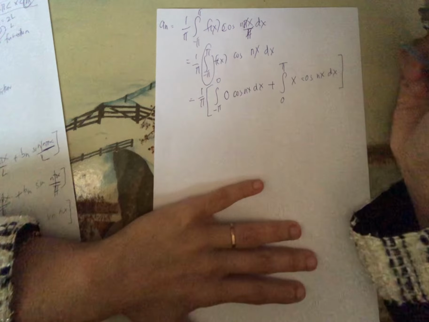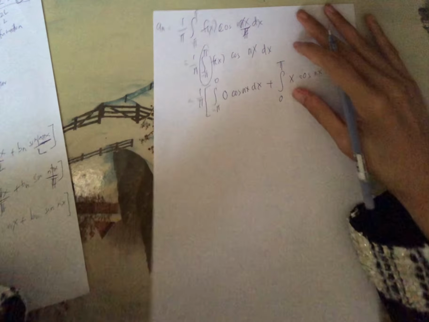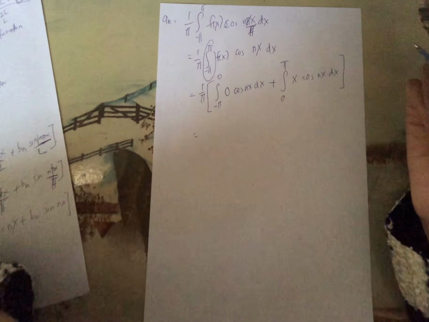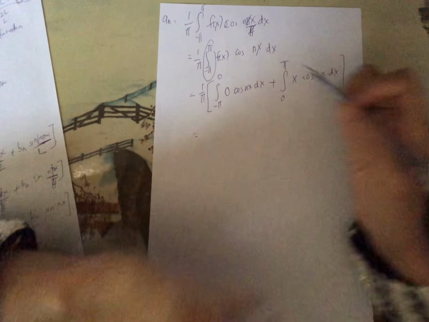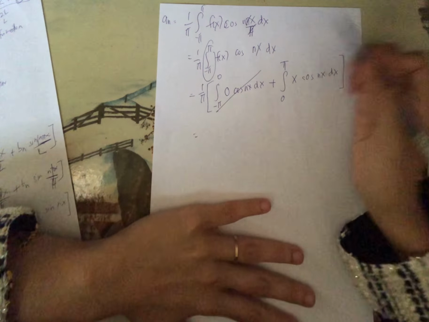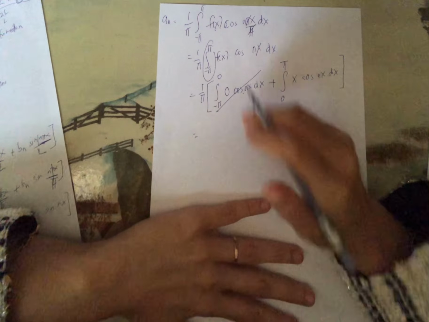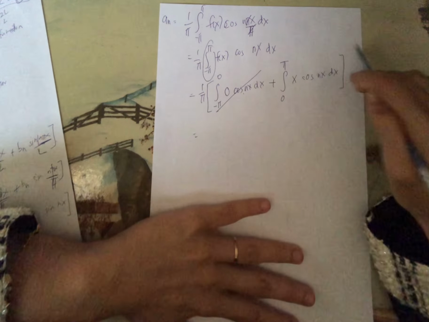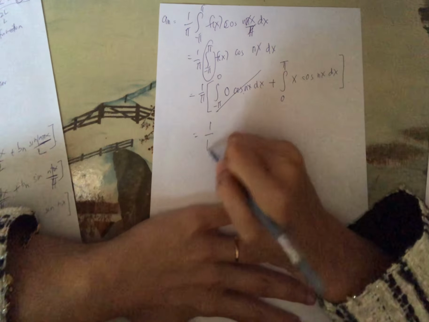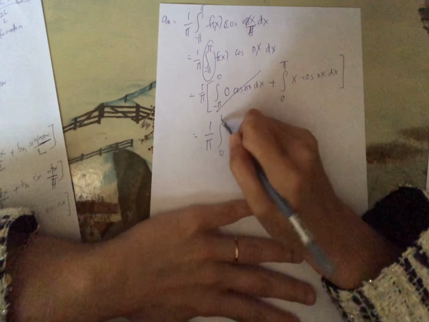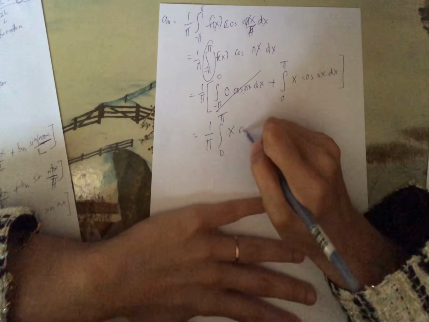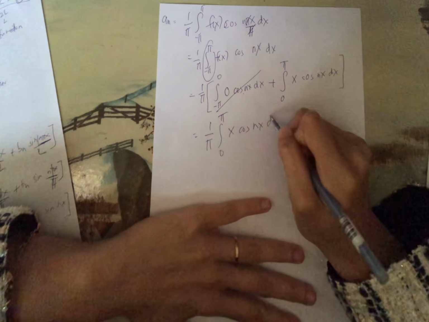Close the bracket. Now this first one totally will be 0, because 0 times cos n x also will be 0. So you are just left with this term: 1 over pi, integrate 0 to pi, x cos n x dx.